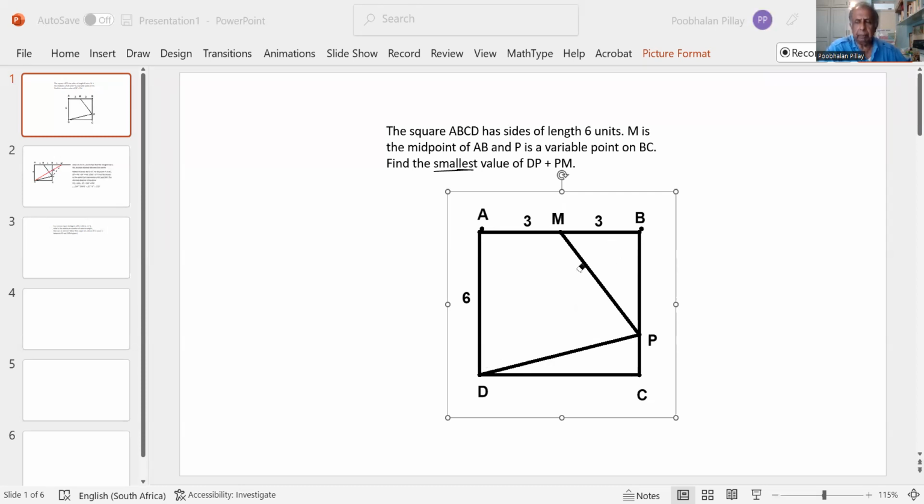So what we say is we'll try to make DP and PM, to try to make DPM a straight line, because then the straight line is the shortest possible distance. But now, no matter, this DPM can never be a straight line, right?